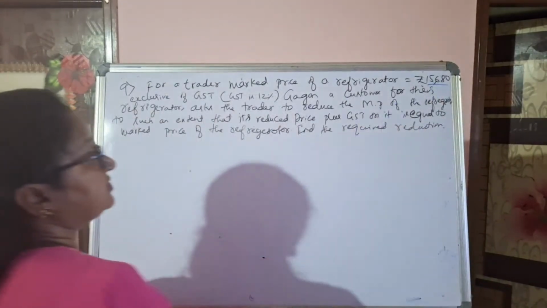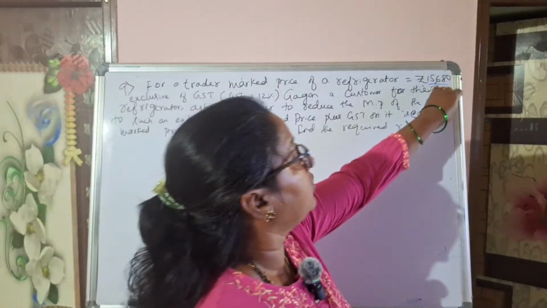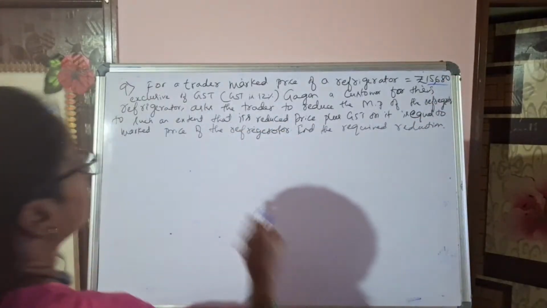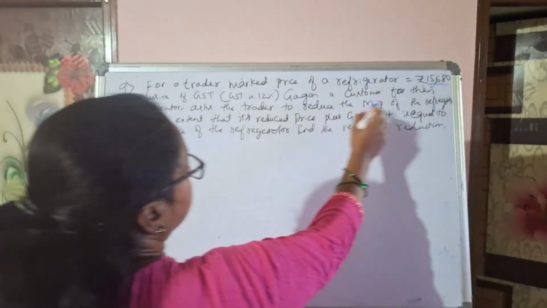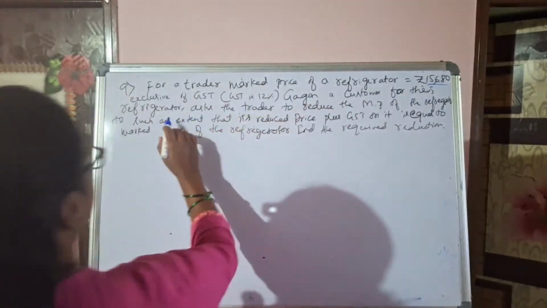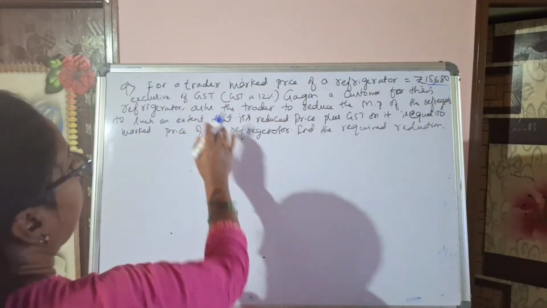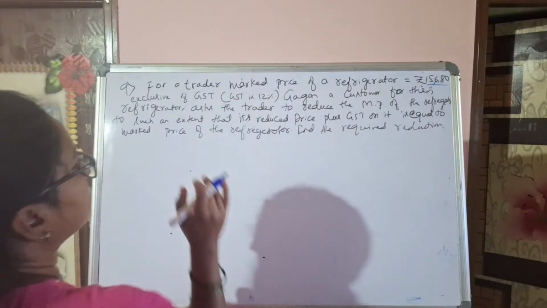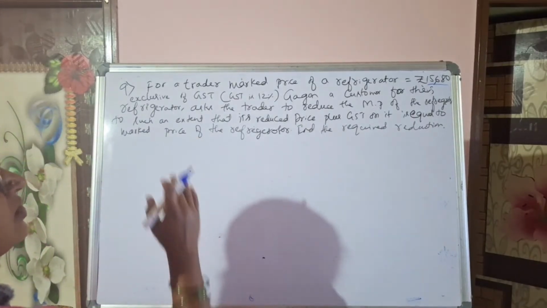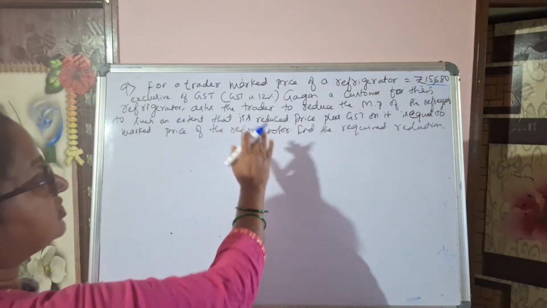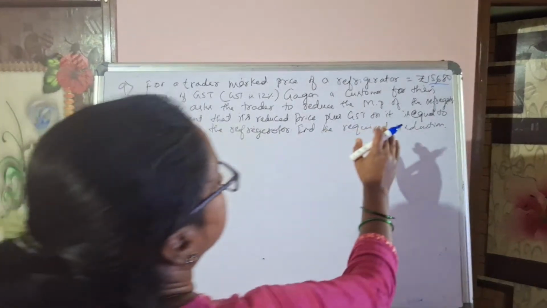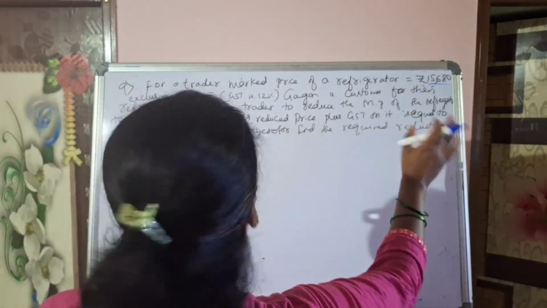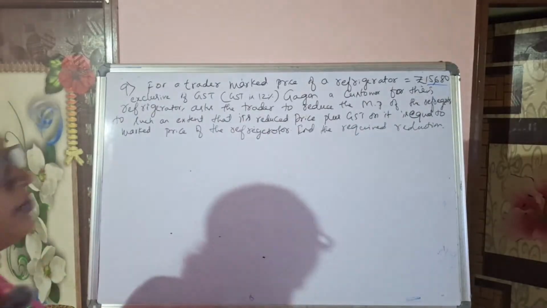So this price is excluding GST. So Gagan, a customer for the refrigerator, asked the trader to reduce the market price of the refrigerator to such an extent that its reduced price plus GST on it should be equal to the market price.